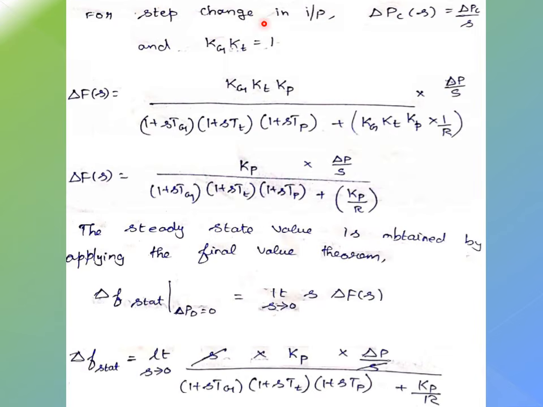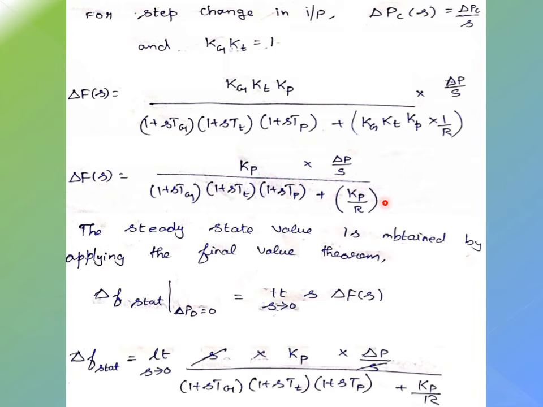For a step change in the input del Pc of s, and in previous cases we have assumed your Kg Kt value is equal to 1. So when we substitute Kg Kt equal to 1, your expression will be reduced as this. Here this value goes to 1 and here this value goes to 1, and your expression is reduced to this form.